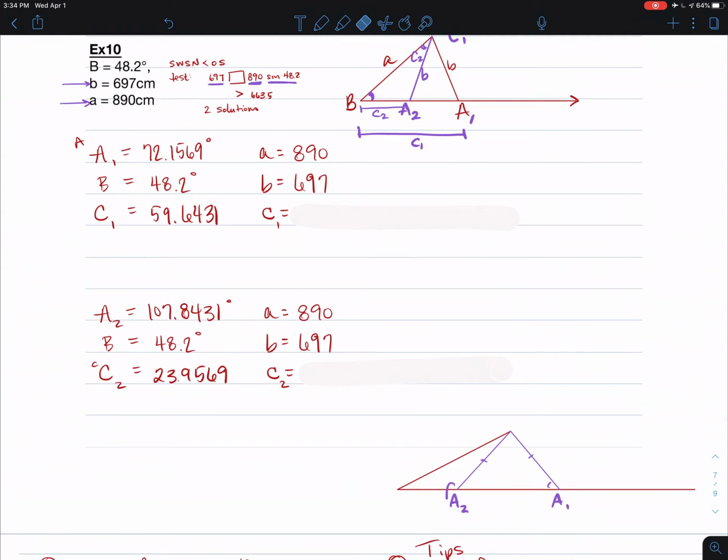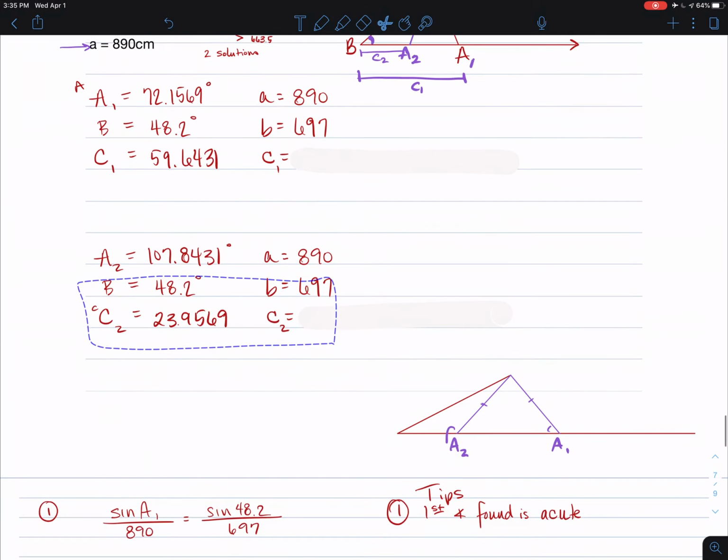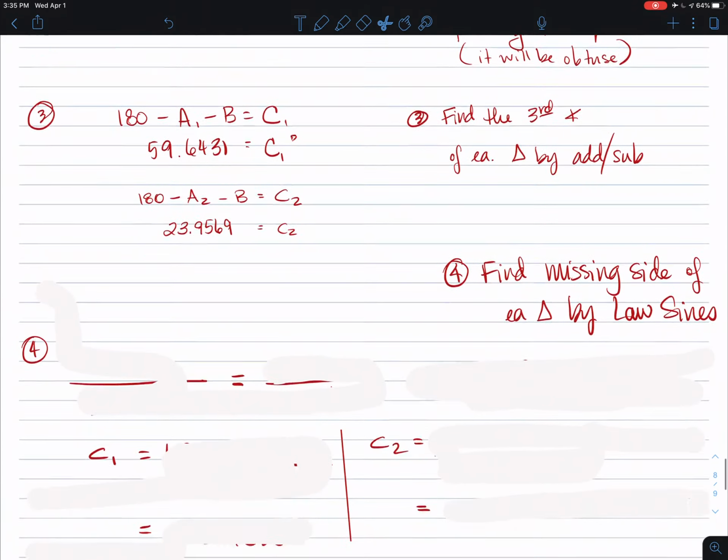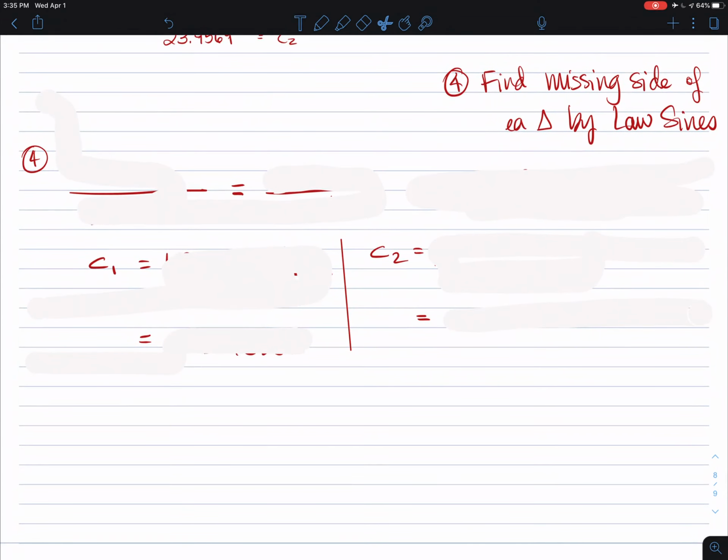And now it's going to be really simple to use the law of sines. I'll use the B and the C fraction. I have to do this twice, once for my first picture and once for my second picture. But this is going to find my missing two sides. So we'll come back down to our work page. We're going to find the missing sides by using the law of sines.